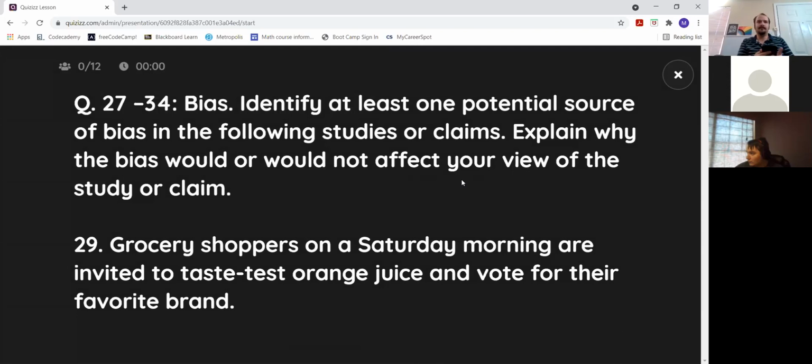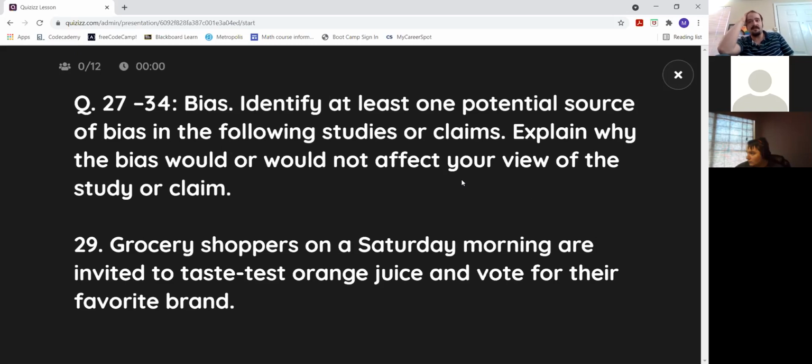What are we on? Let me see. Okay. Bias. Identify at least one potential source of bias in the following studies or claims. Explain why the bias would or would not affect your view of the study or claim.